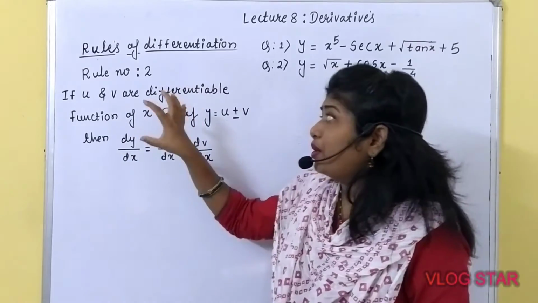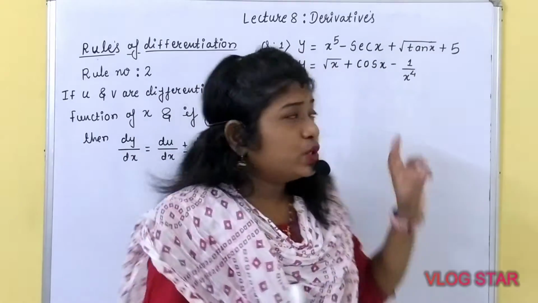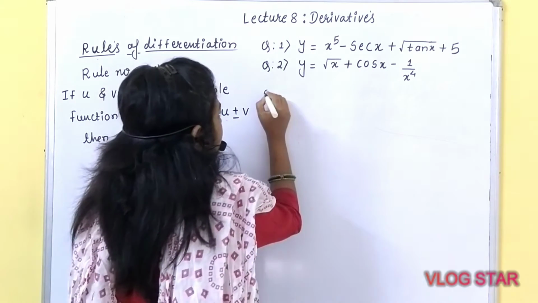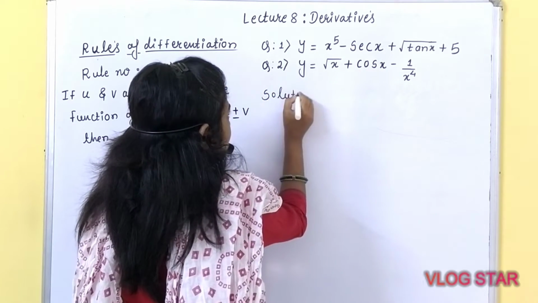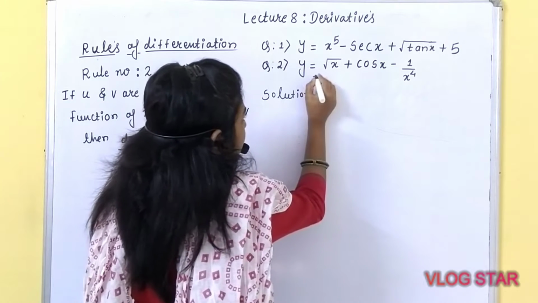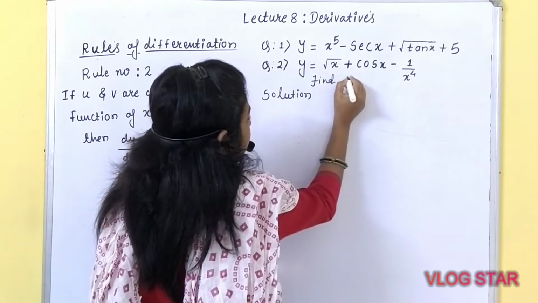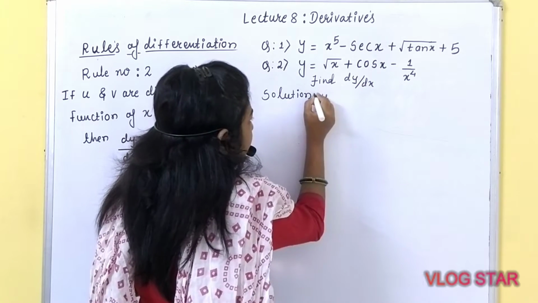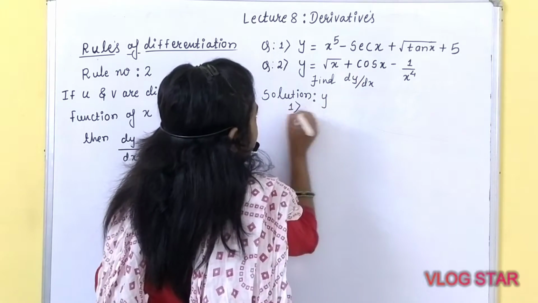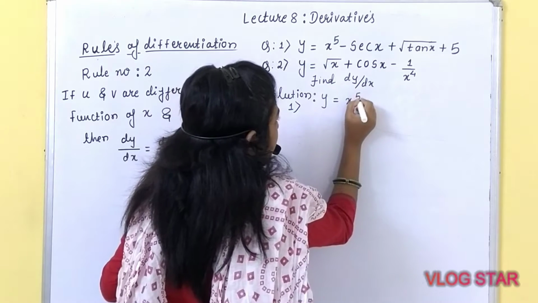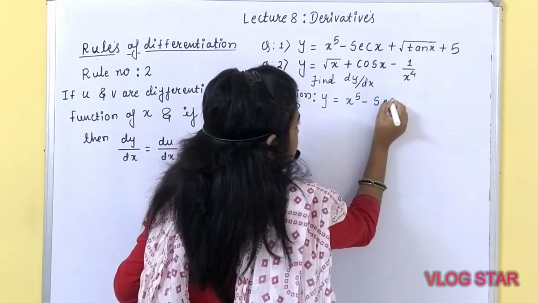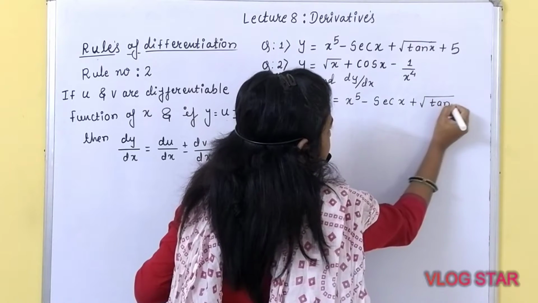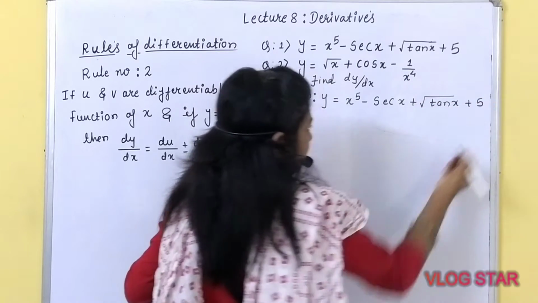To understand rule number 2, we'll solve two problems. So let's begin with solution 1. Here we have to find dy by dx. So what is y given? y is equal to x raised to 5 minus sec x plus under root of tan x plus 5.